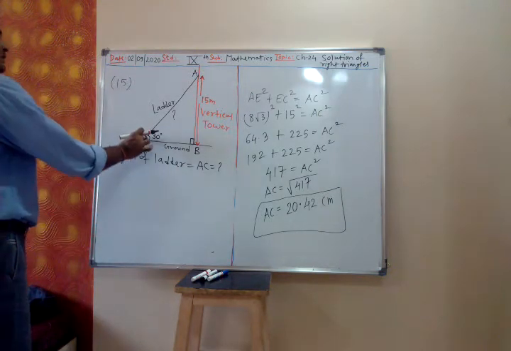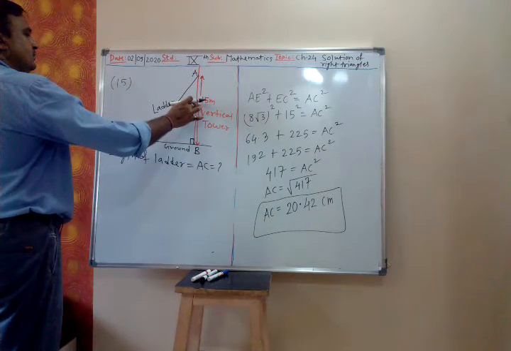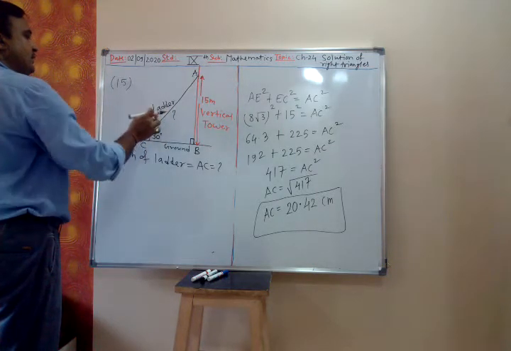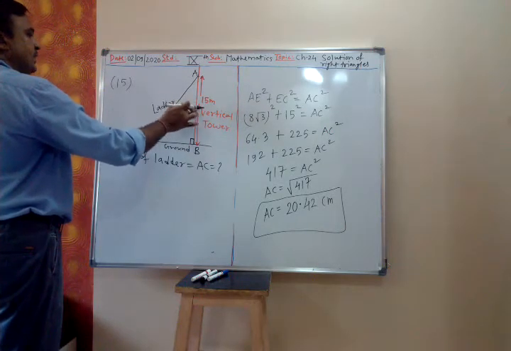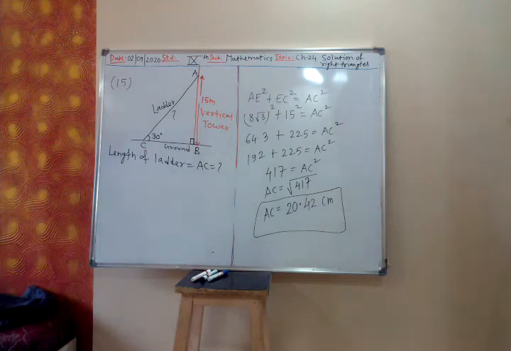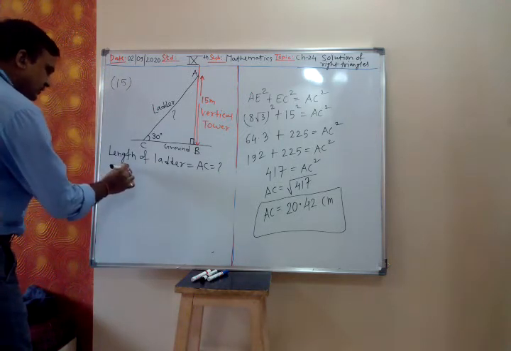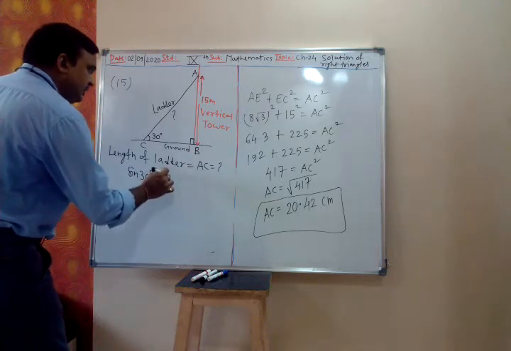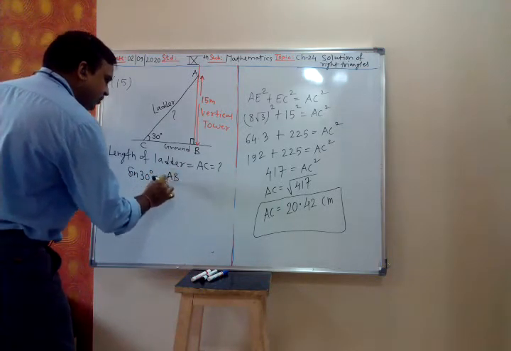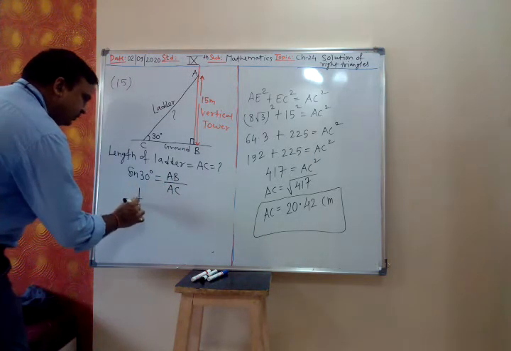So now this is 30 degree. Opposite is given, and hypotenuse AC we have to find. So opposite and hypotenuse, which ratio? So sin 30 degree is opposite AB upon hypotenuse. So sin 30 is 1 by 2.